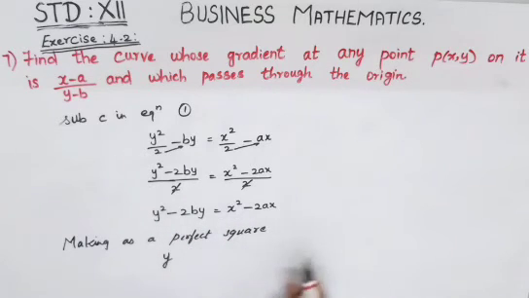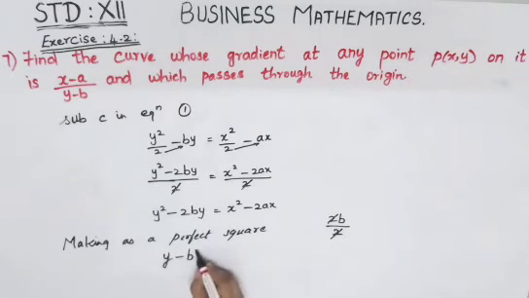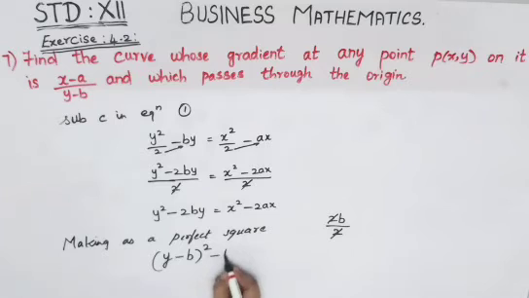So leave that y, take only the 2b here, then divide that by 2. Now 2 and 2 go, so b has to be written here, then put the whole square. So it becomes a perfect square. This b we are only inserting, so put minus b square.